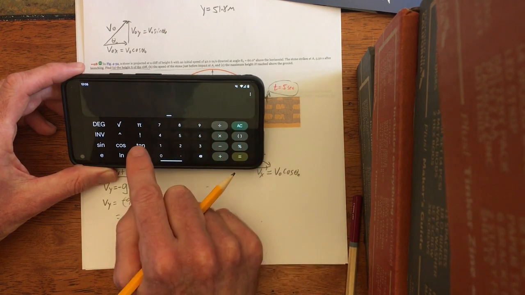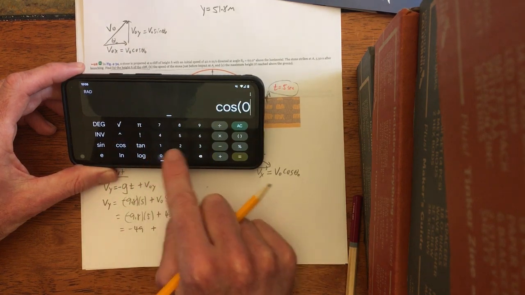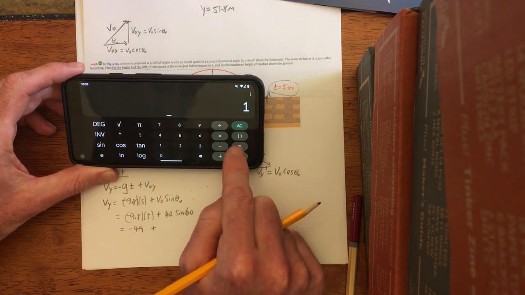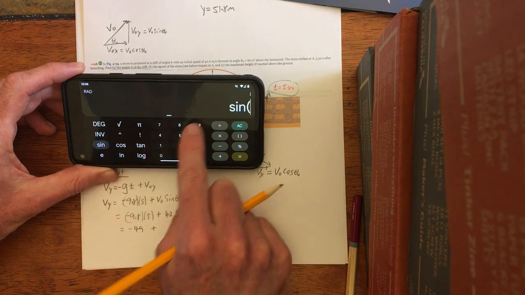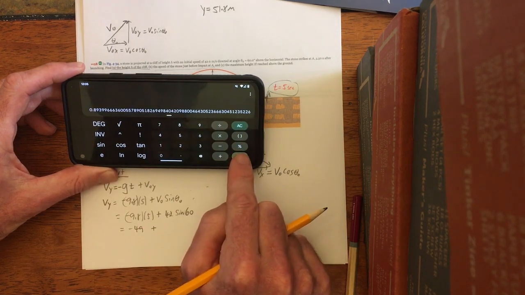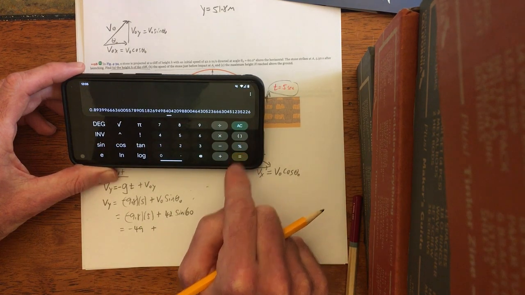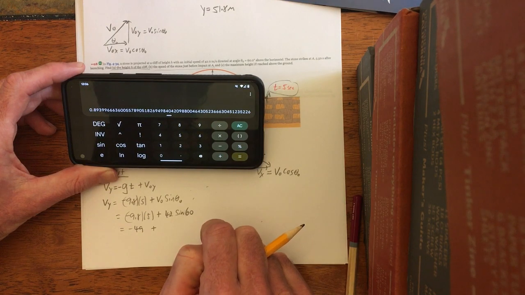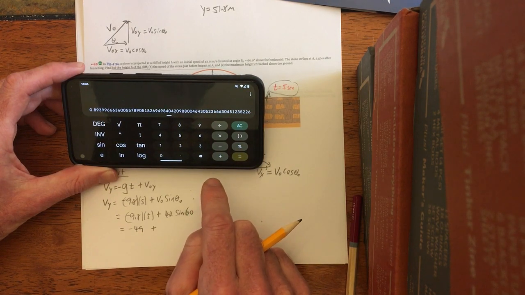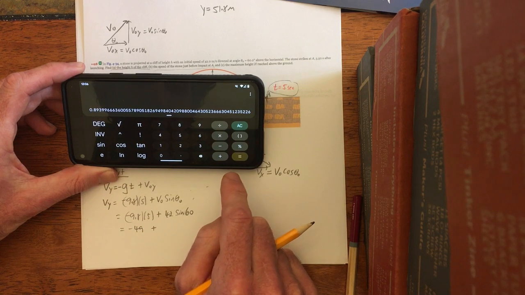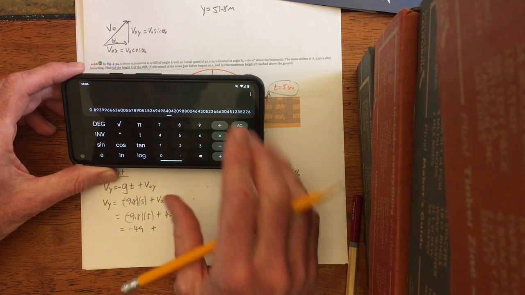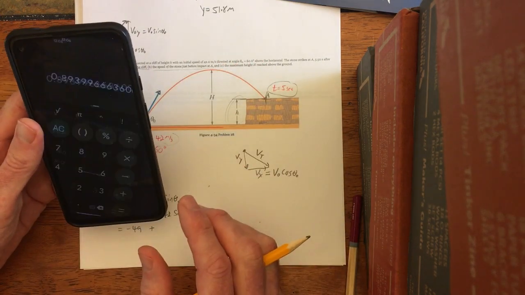What if I just do cosine of 0? Okay, good. What if I do sine of 90? Yeah, something's a little weird there. Maybe I'm in radians? How do I get out of radians mode on my calculator here?